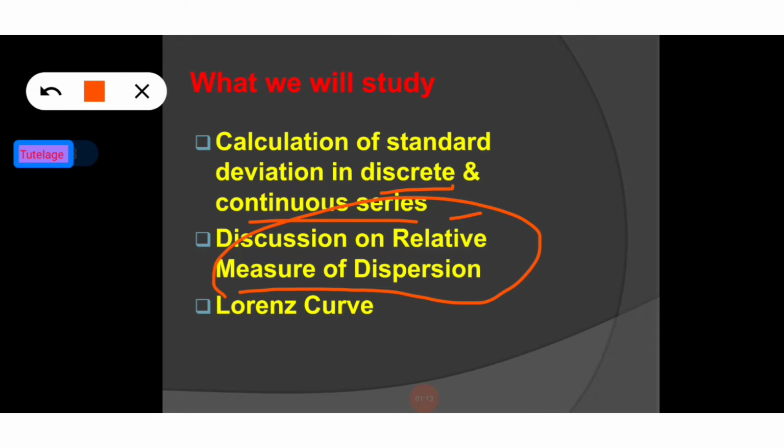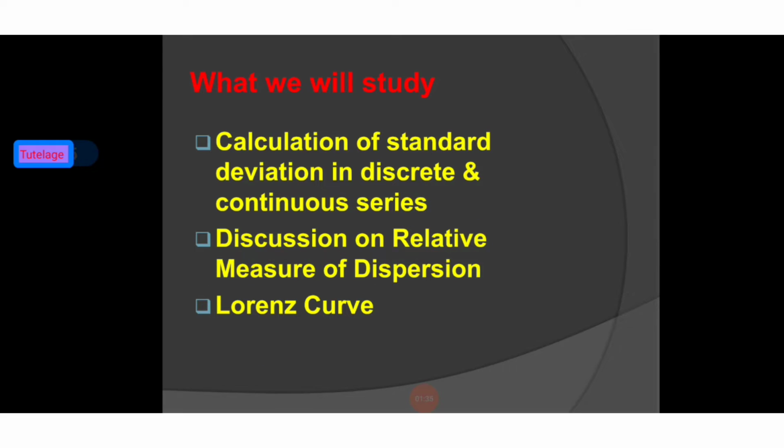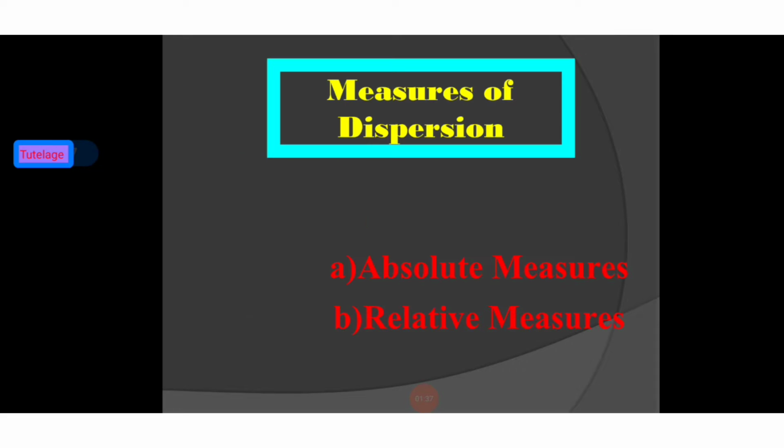Today we are going to explain the second kind, that is relative measure of dispersion. And third, one of the most important topics of this chapter, the Lorenz curve. So learner, move on to the next slide and let's start the session.